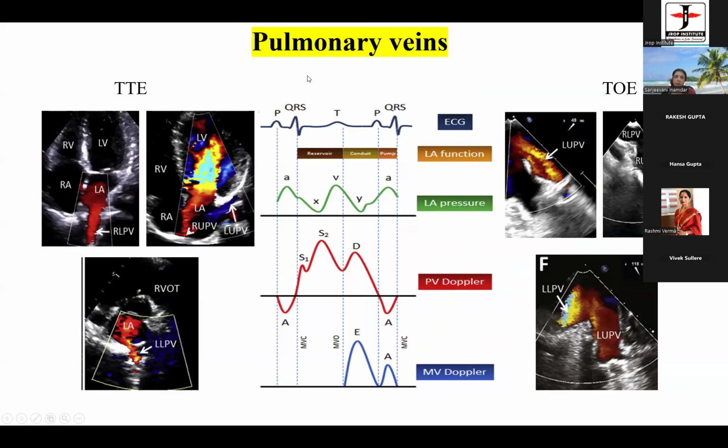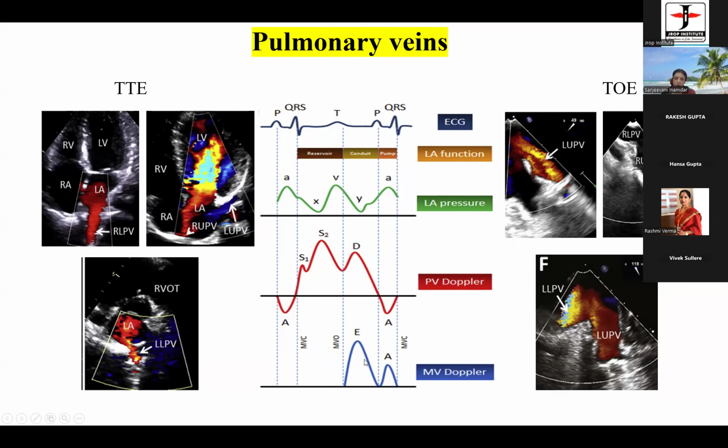So this is the most important slide of my presentation, where all these cardiac temporal events are correlated, that is ECG, LA function, LA pressure, pulmonary vein Doppler. I told you that S2 comes up during X descent, that is systole of the ventricle. D comes during Y descent, that is diastole of the ventricle, and when atria contract, that is atrial reversal.